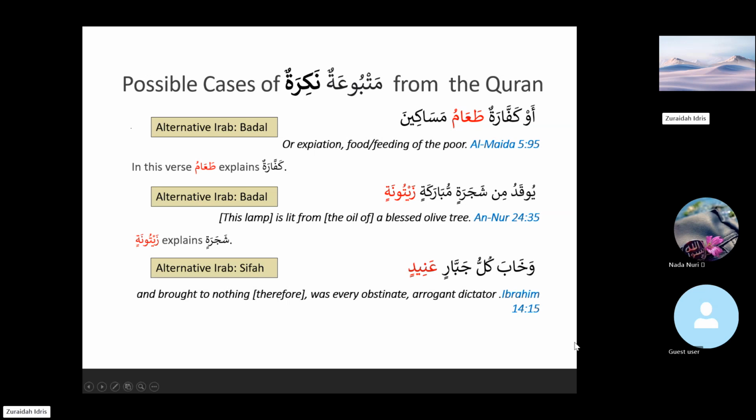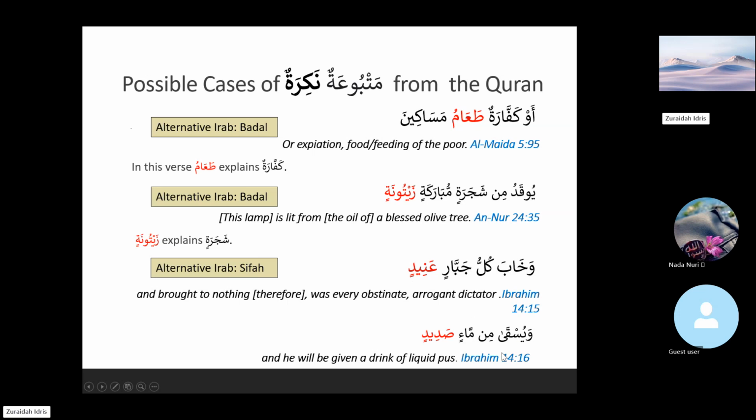So probably it's somewhere out there, but this is how I would understand it. This is why it's interchangeable between sifa and atfu bayan, whether it's clarifying what sort of dictator or whether it's just a sifa of that dictator. Yeah, so that's how I see it.